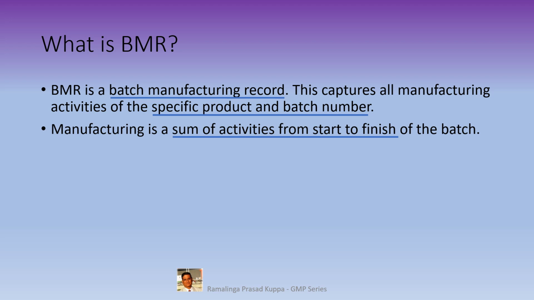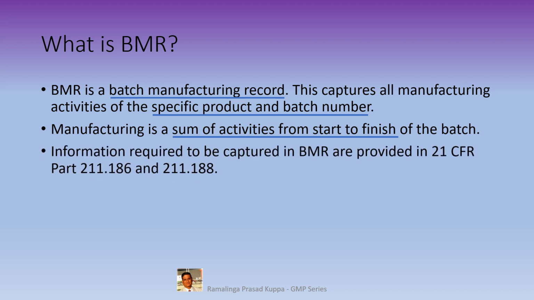Manufacturing includes all participants from receipt of input raw materials into the site, followed by several processes of warehousing, testing, dispensing, production, packaging, holding, distribution, etc. Easy way to remember is that manufacturing means get in of input materials and get out of finished goods.